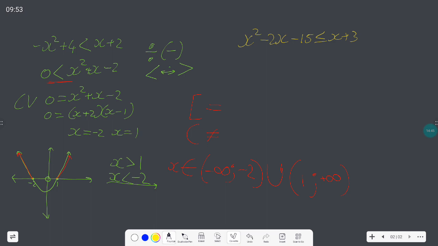What's the first thing I should do? Get everything to one side. So this x comes over, or I subtract both sides by x, it's -3x. And I also subtract both sides by 3, or the 3 comes over, it becomes negative 18. Now I have to factorize this. What will be my brackets?